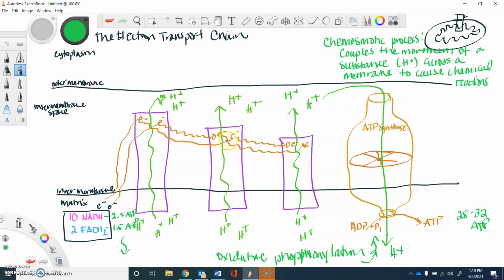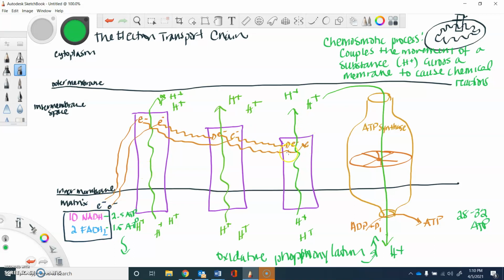And then when that second pair jumped to the third protein, and then that next pair jumped to the second, and so on, once we got electrons on all three proteins, what happens? Can we still use the electrons that we have left?